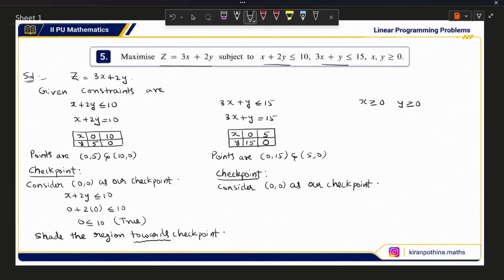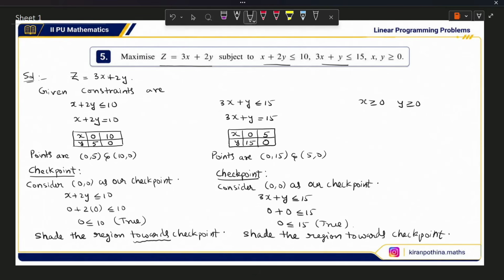We will take the inequality here, that is 3x plus y less than or equal to 15. In the place of x 0, in the place of y 0. So what will we get here? 0 less than or equal to 15. Again we got true. True means shade the region towards the checkpoint.